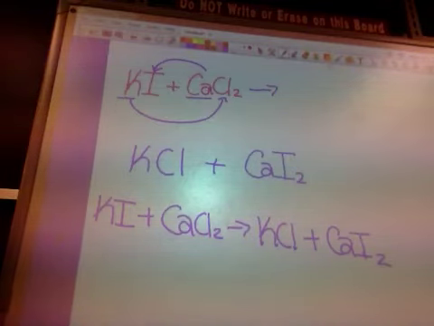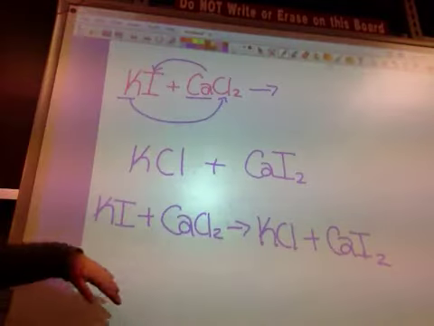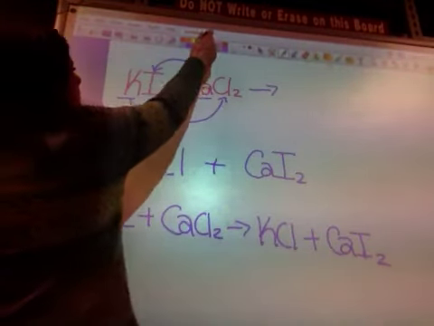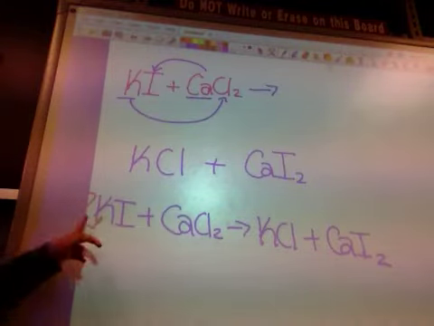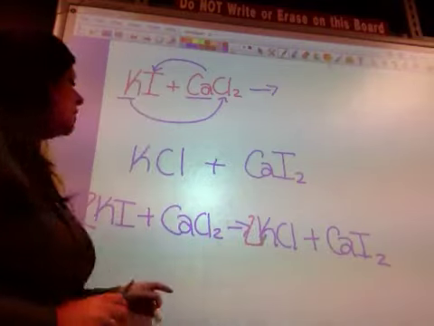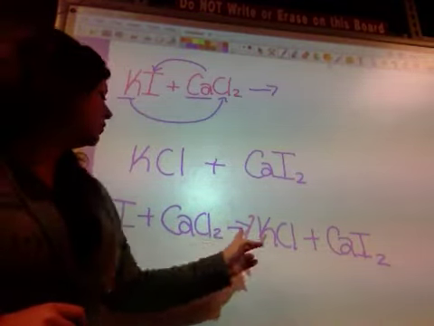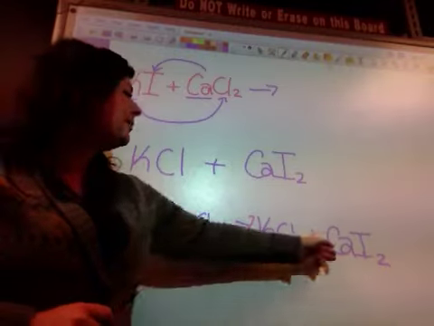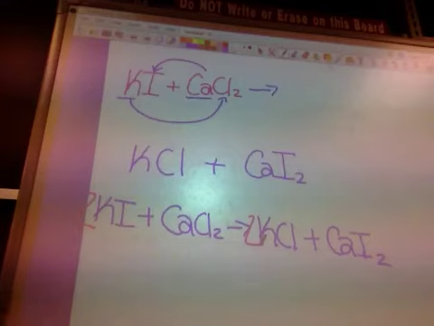I have 2 iodines on this side, so I only have 1 on this side. Let's add a 2 out in front. So now I have 2 iodines, 2 potassiums, but I only have 1 over here. Let's add a 2 here. And my potassiums are balanced, iodines are balanced, chlorines are balanced, and I have 1 calcium on each side, so we're good. So we get 2, 1, 2, 1, okay?